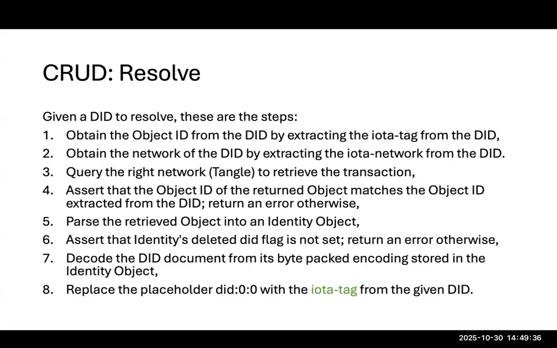Then you parse the object into an identity object. You assert that the identity is deleted, the ID flag is not set to true, otherwise you have an error, because you also have to check every time you resolve a DID that the controller has not deactivated that specific DID.